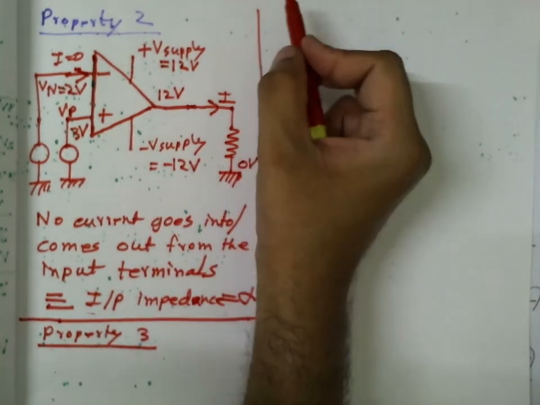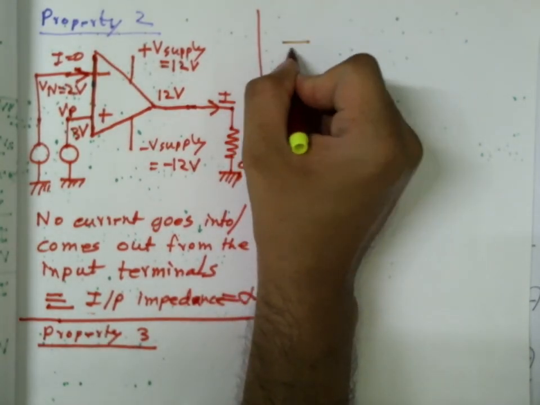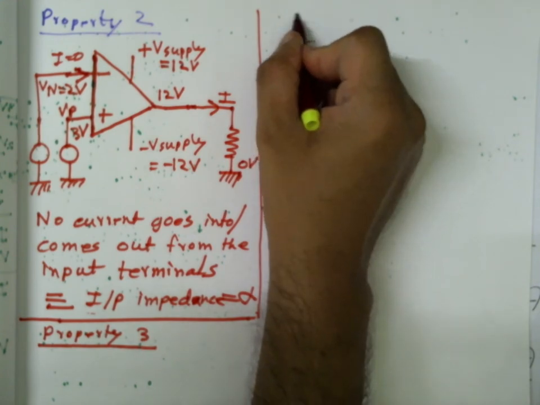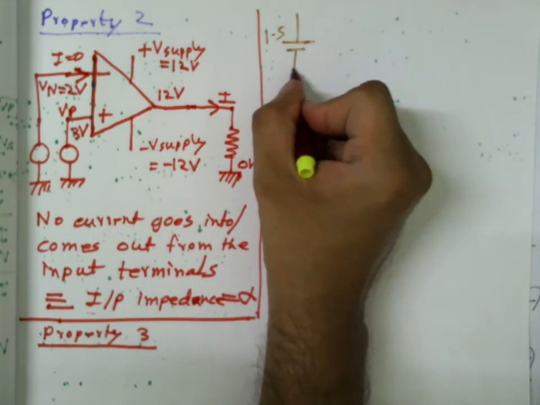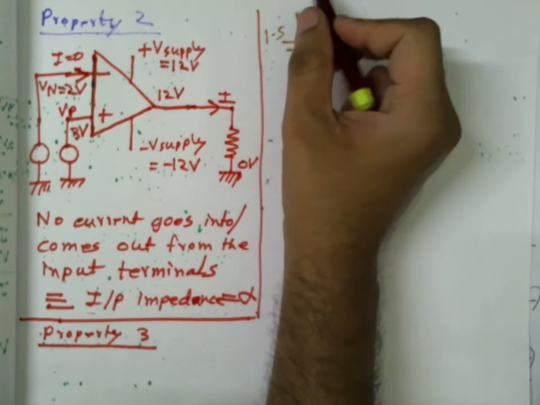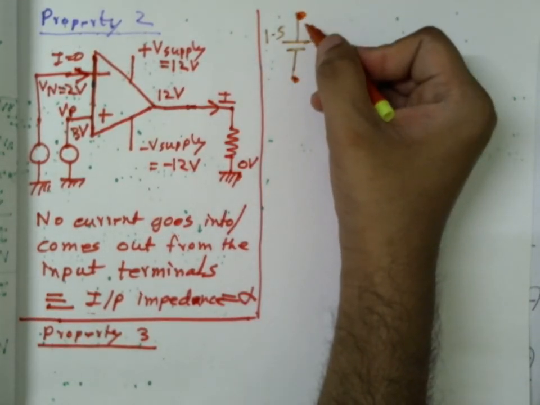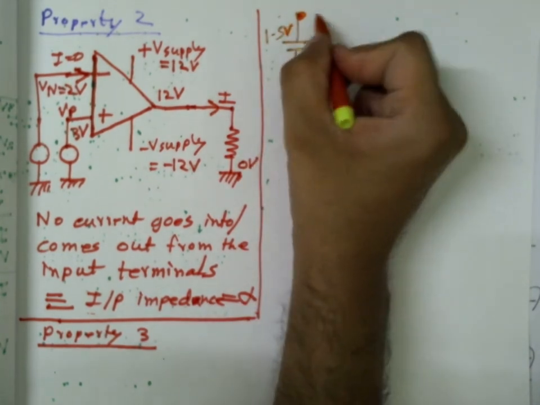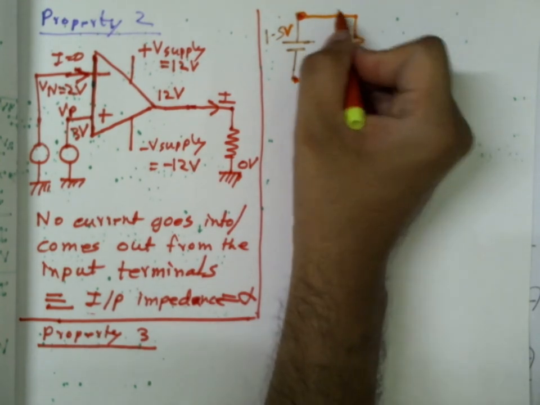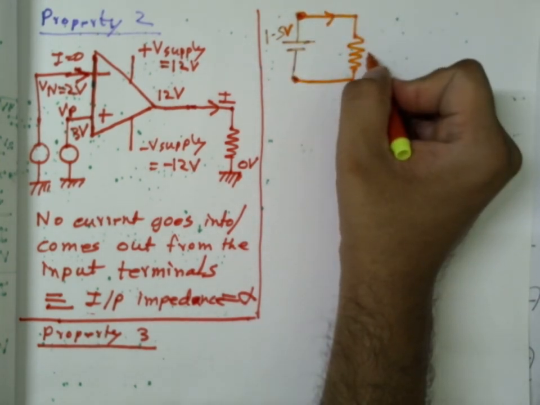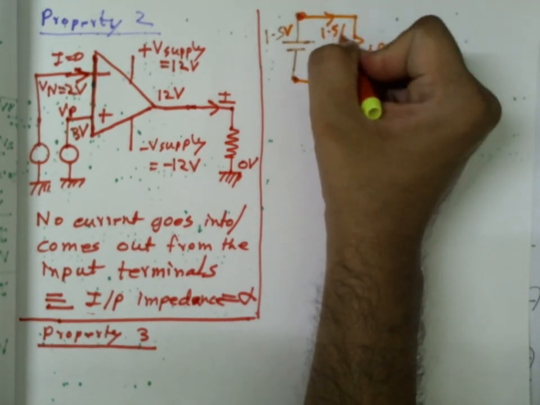Now if we consider a normal battery, say a 1.5 volt pencil battery, a AAA battery, and if we measure the potential across these two terminals with a potentiometer, we will see that the voltage is 1.5 volt. Now if I connect a resistance like this, then definitely some current will flow. Say if this is 1 ohm, then 1.5 ampere current will flow.